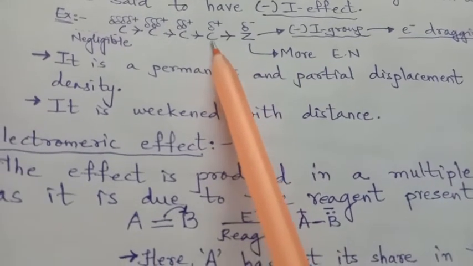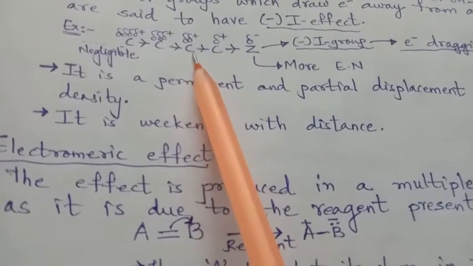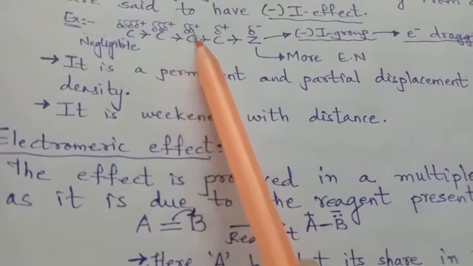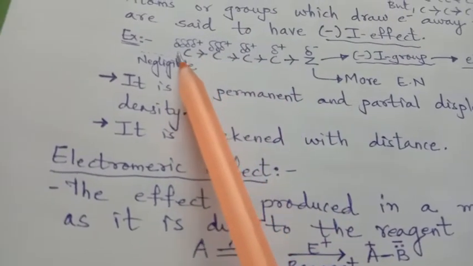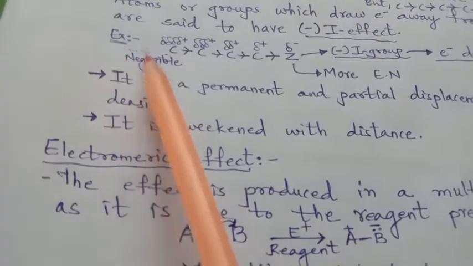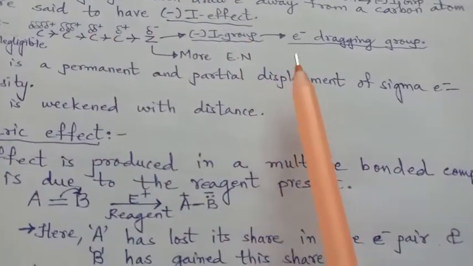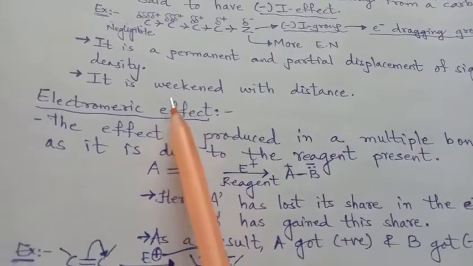Now still this one is also asking because it wants to be stabilized. So it will try to stabilize this carbon. So it will get double delta plus and triple delta plus, and later on it becomes negligible, which is not considered, right? We have done this in the theory portion. So minus I, that is an electron dragging group.